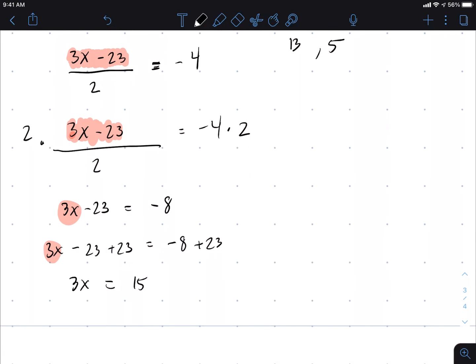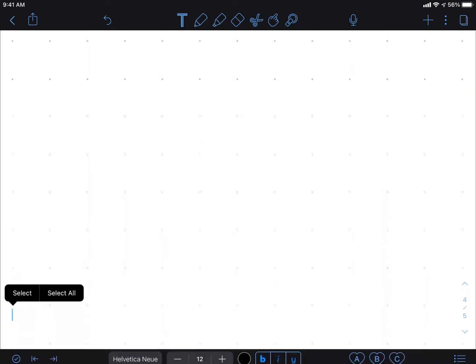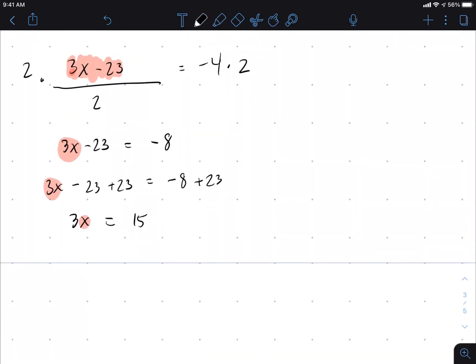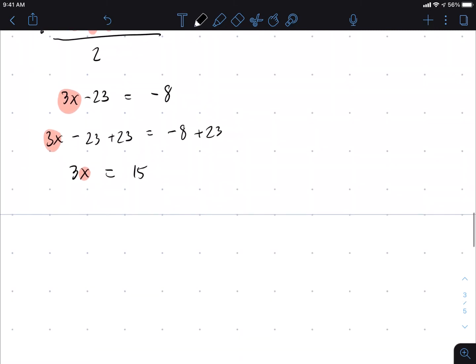And then to get the x by itself, what is the 3 doing to the x when they're next to each other like that? They are multiplying. And so the opposite of multiplication is division. And so x is equal to 5.